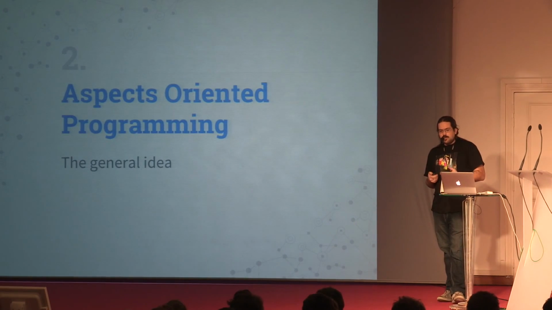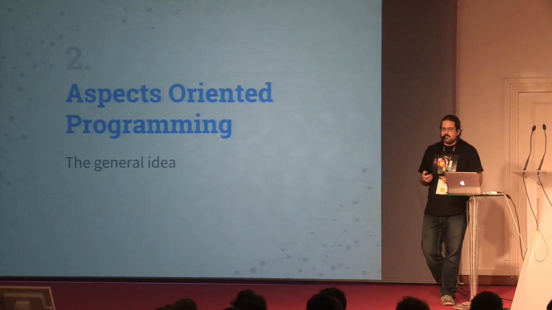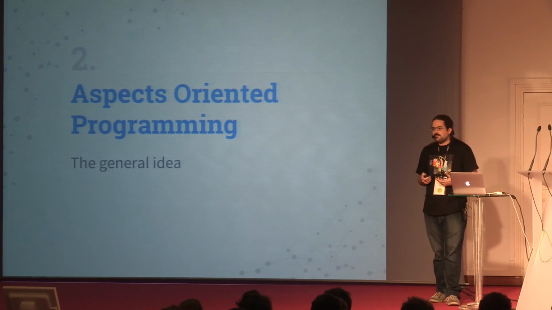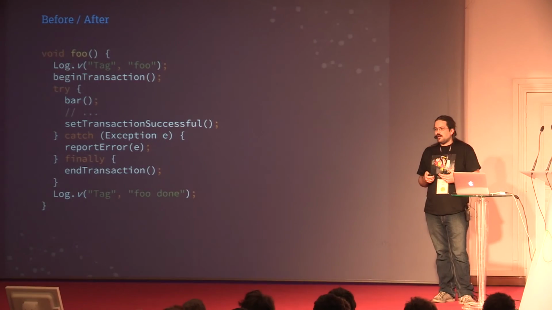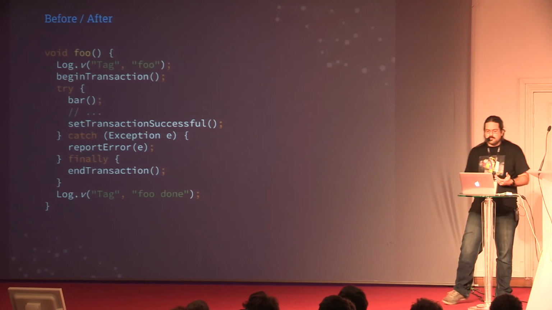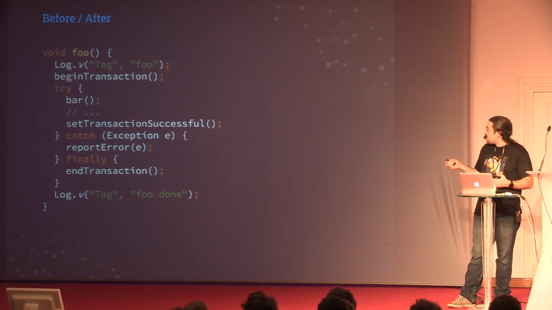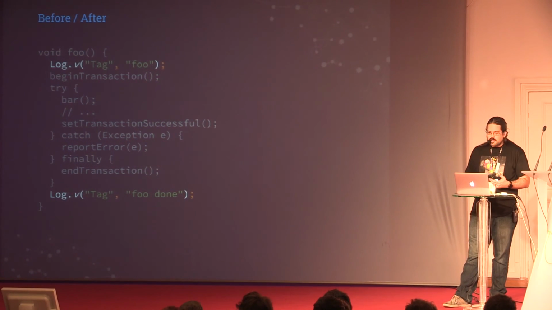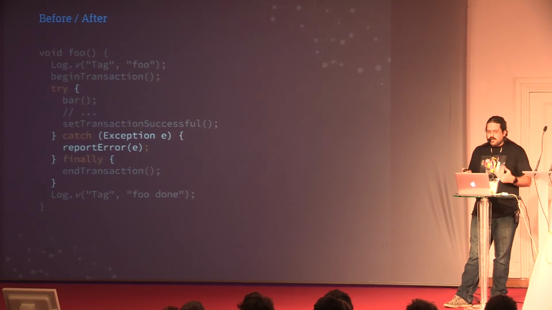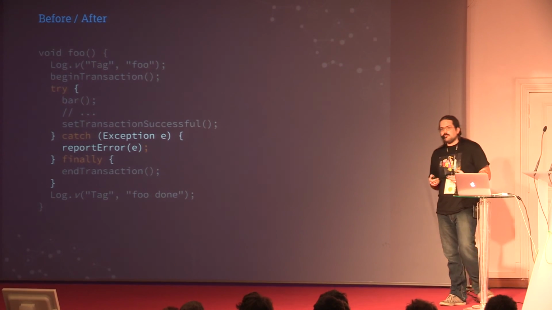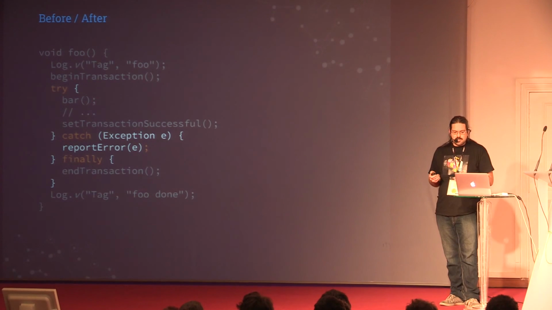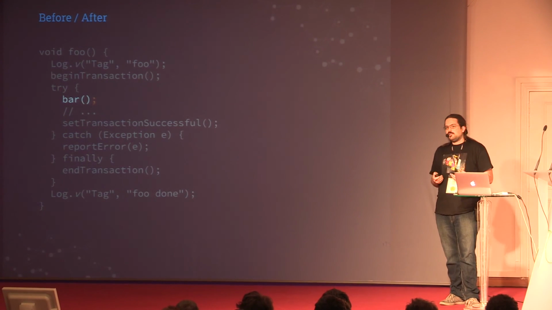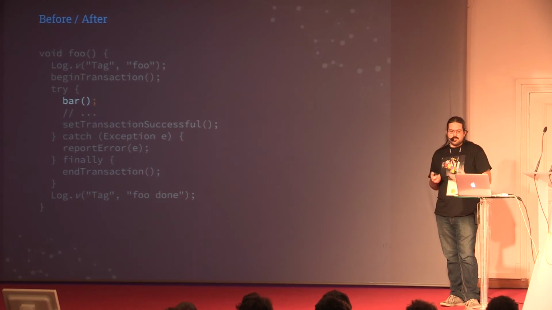So, what's the basic idea of aspect-oriented programming? Let's look at a little bit of example code. It's just a simple method like that with some logging, with some transactions, try catch, so we can avoid crashing the application, and the actual business logic that this method does.